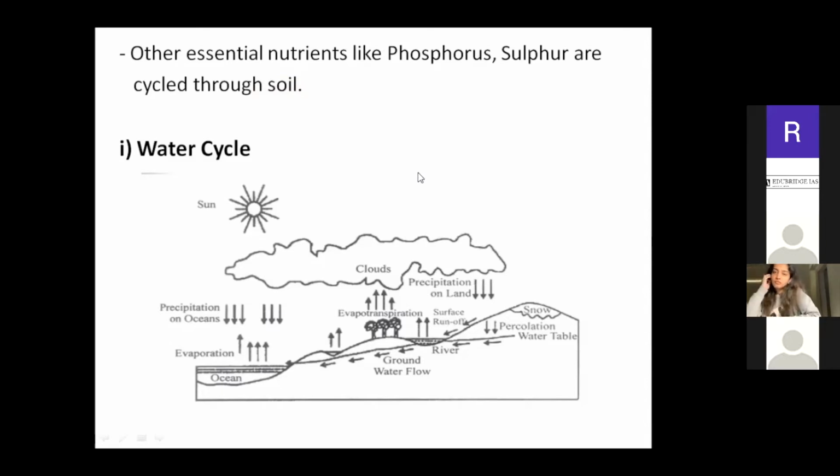So let us discuss these cycles now. So first is water cycle. So see, these cycles are not very important. At least you can say this for a water cycle and carbon cycle. But there are cycles like nitrogen. Nitrogen cycle is important for our discussion. So we'll briefly discuss these cycles, starting with water cycle.